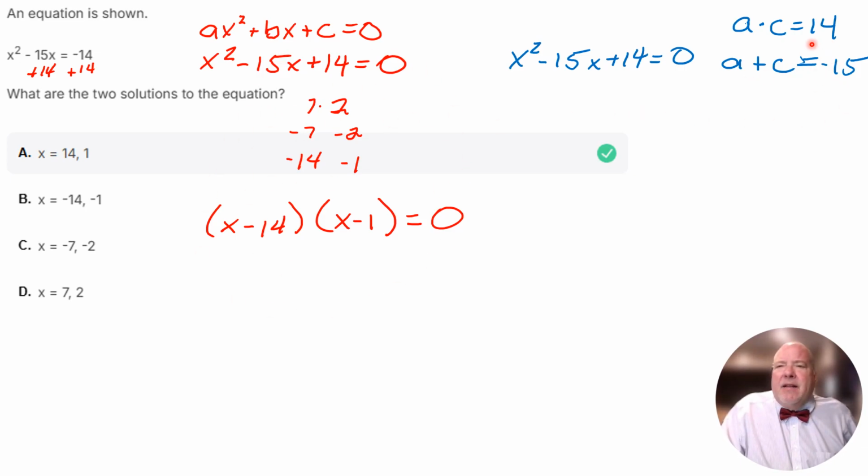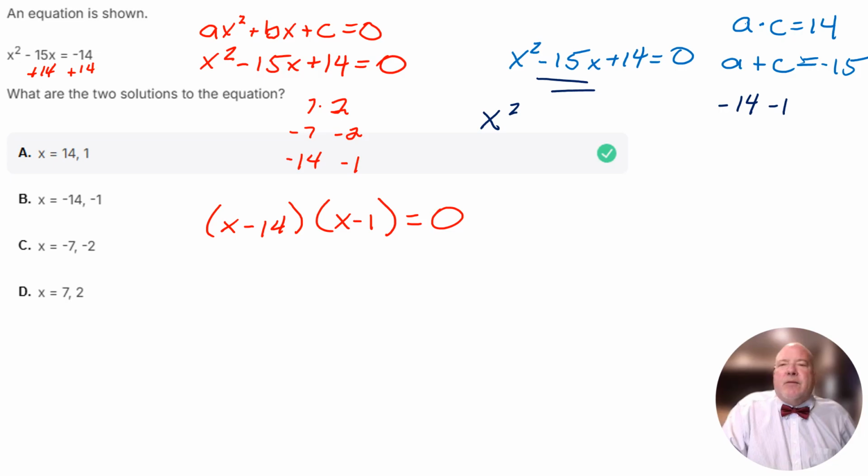Again, the product is positive, but the sum is negative, so that means they're both negative. So I go back to this, and we already figured out the two numbers are negative 14 and negative 1. What I'm going to do is take this negative 15x and split it up like this.